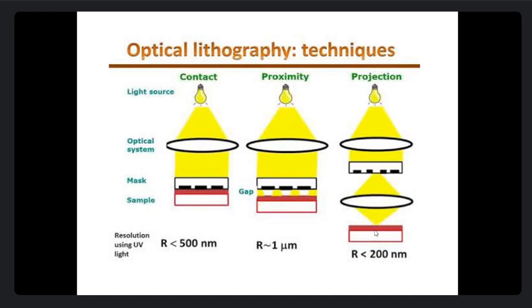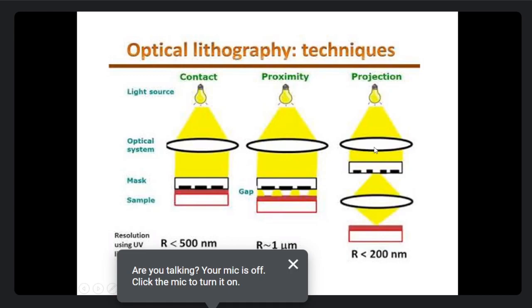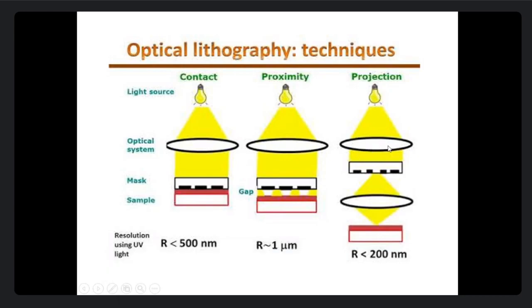Fine. Now here, as I mentioned, there are two types of lens. The first lens is called the condenser lens, or sometimes people call it collimating, as it is collimating the beams. So you can say either the condenser lens or the collimating lens.